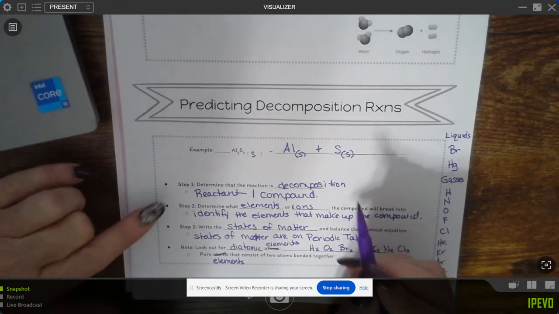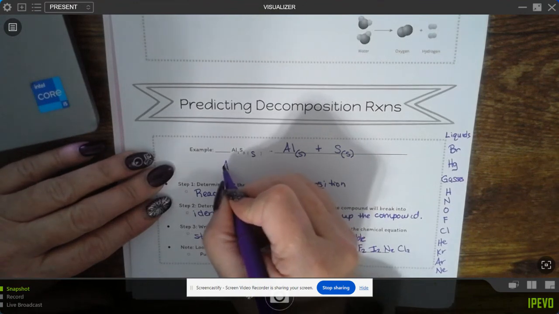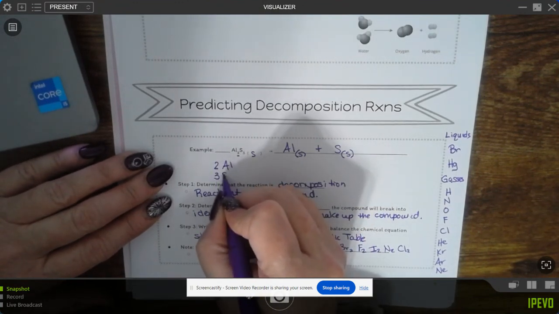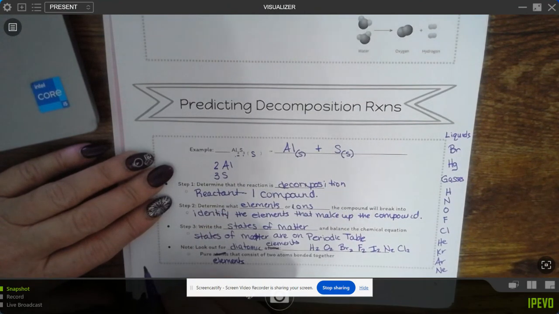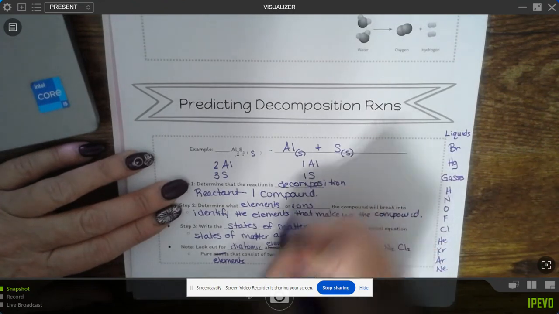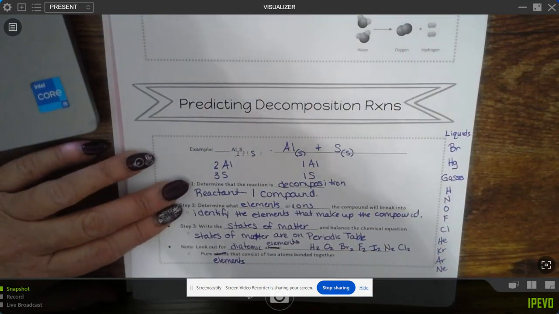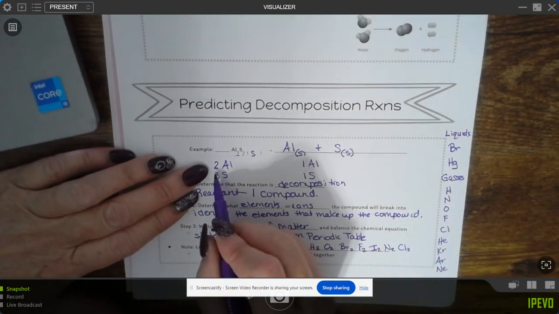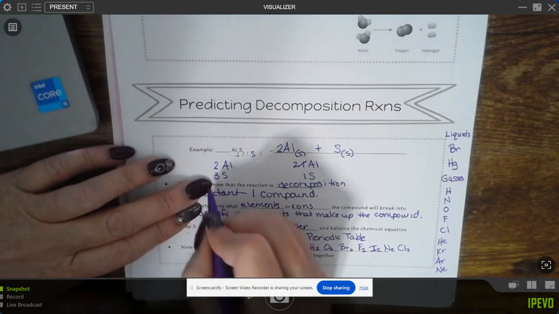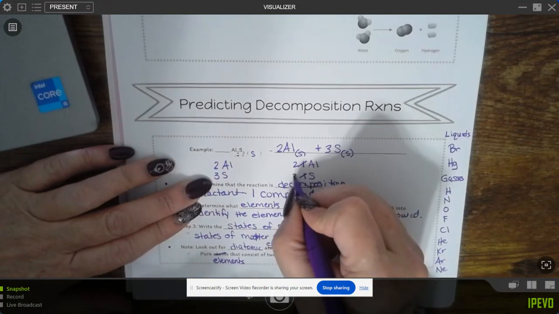So now we need to balance. Over here on this side, we have 2 aluminum and we have 3 sulfur. Our subscripts tell us that. On this side, we have 1 aluminum and 1 sulfur. These are the sweetest reactions to do because I can just very simply go over here and put a 2 in front of the aluminum and a 3 in front of the sulfur.